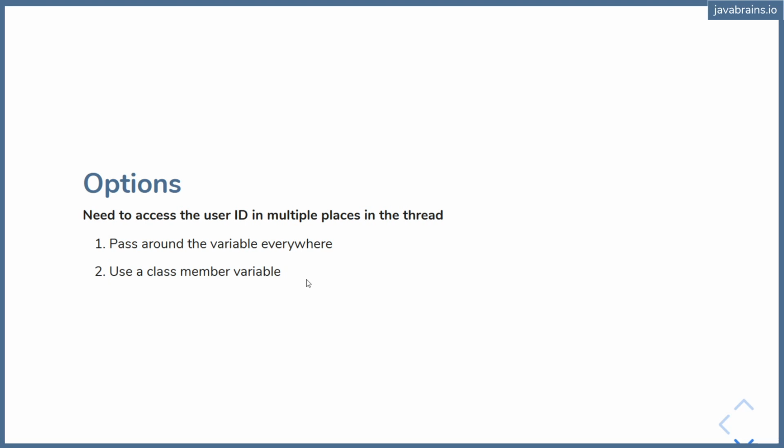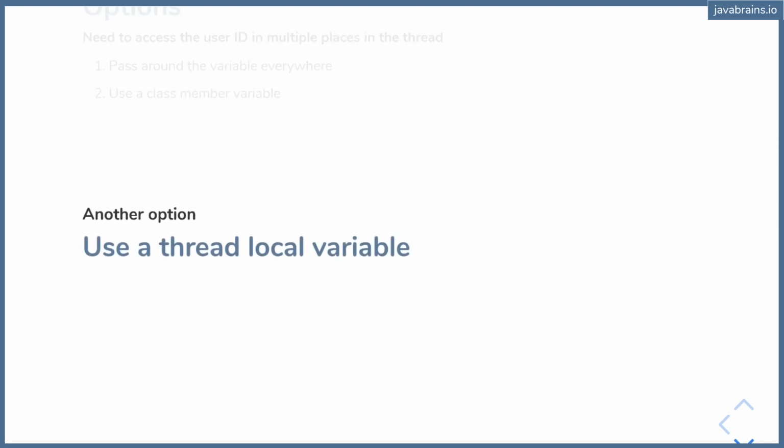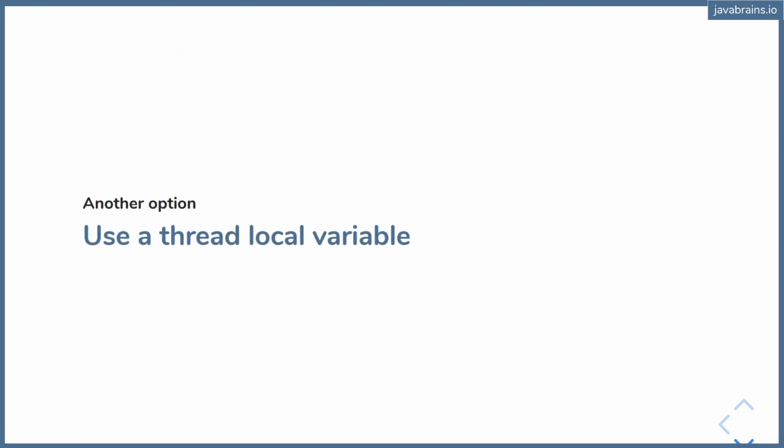So what if you don't really care about a global class member, but instead you want something which is specific to a thread? Each thread needs to get its own data or its own variable. The option you would typically use in this kind of context is to create a ThreadLocal variable. You can create a variable which is local to a specific thread, and it's not visible anywhere else. So the visibility guarantee, or the access scope guarantee, for that data element is within a specific thread.